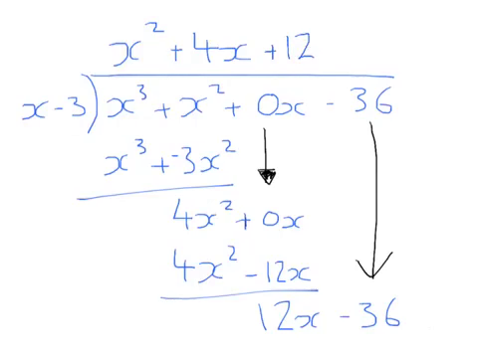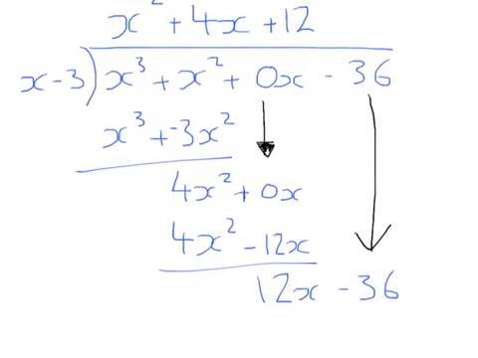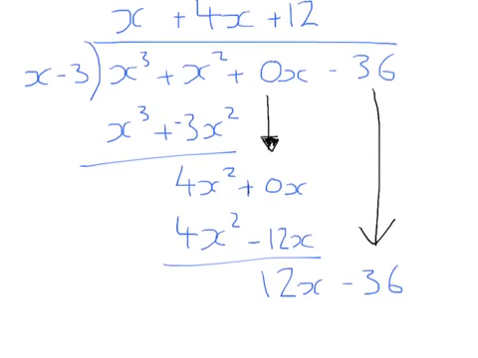So, what do I got? 12 times x. Now I'm going to do my subtraction. 12 times x is 12x. And then 12 times minus 3 is minus 36. And I was hoping for a remainder. This one worked perfectly. How did that happen?